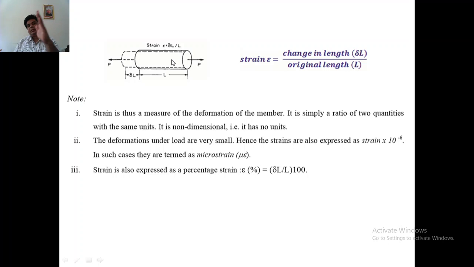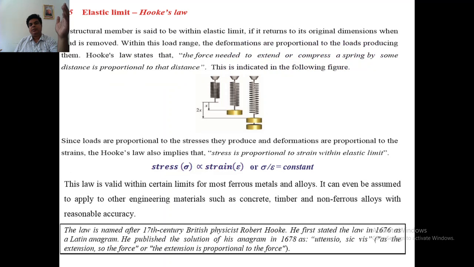So below that elastic limit, the metal will deform elastically. That means when you remove that load, it will come back to the original length. So that limit of the load is called the elastic limit. Elastic limit is nothing but that load where the material deforms elastically.